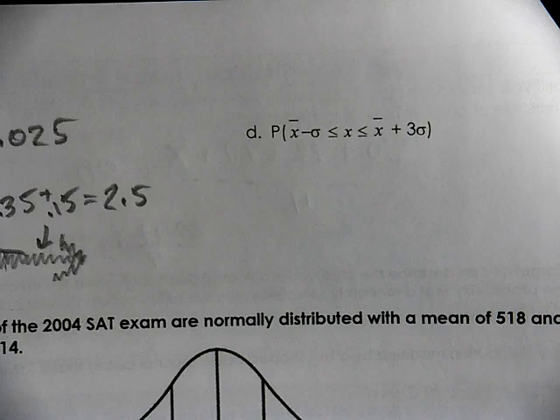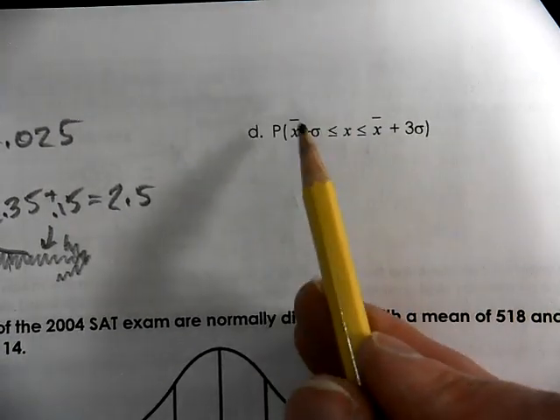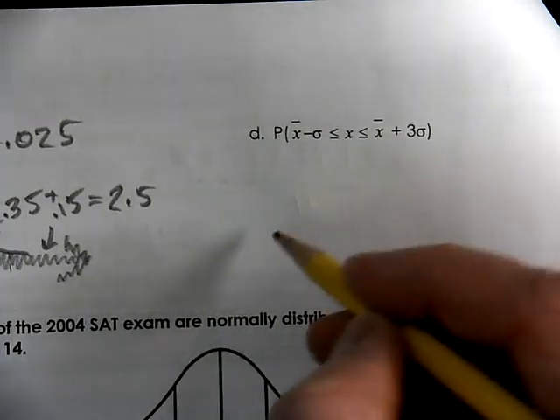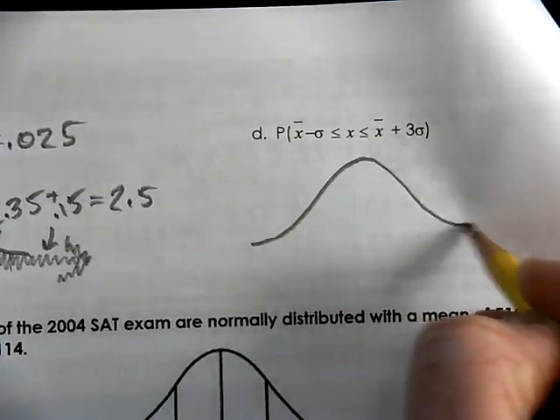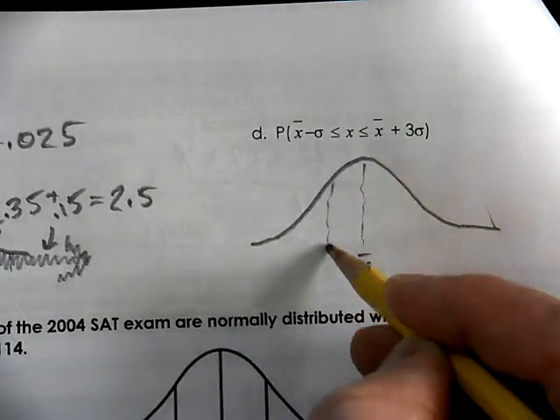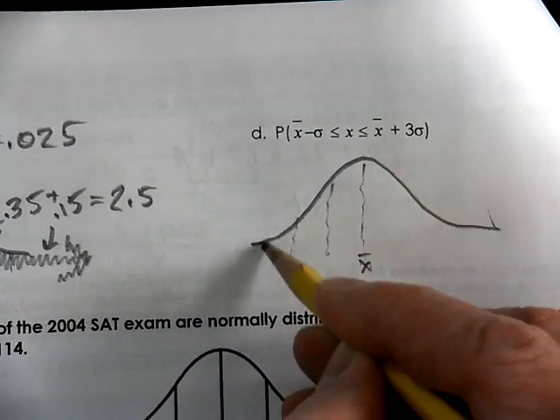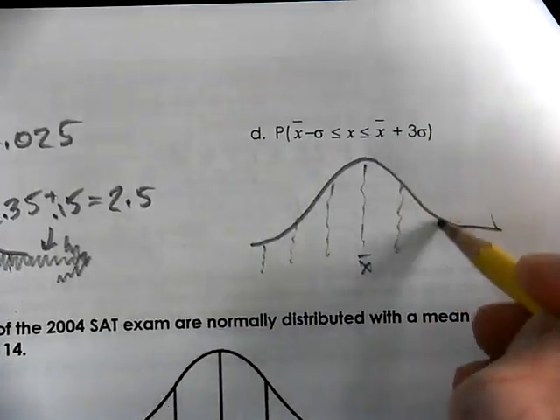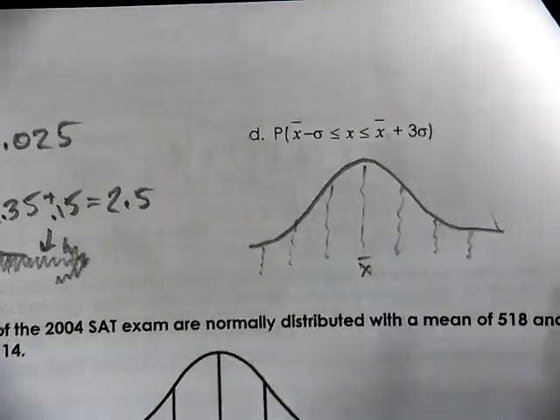And then this one has a lower bound and an upper bound. So drawing in your own standard curve, got your average in the middle, 1 standard deviation, 2, 3 below the mean, 1 above, 2 above, 3 above.